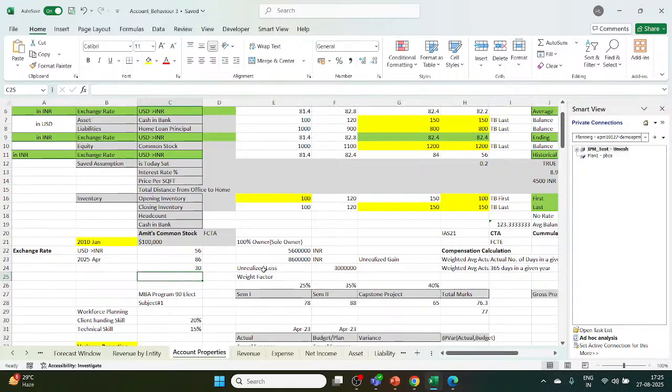So this is the profit which he would get after selling this stock. You can see the 30 lakh rupees of profit when he sold the common stock in 2025.